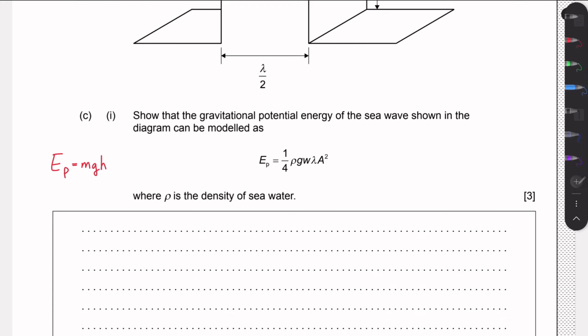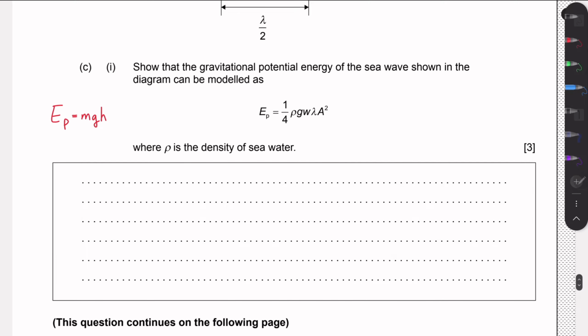We just need to replace values with the correct aspects. First of all, let's look at the mass. We know that density is mass over volume, so mass is just density times volume. So we can say the mass of this crest is going to be this density times its volume.